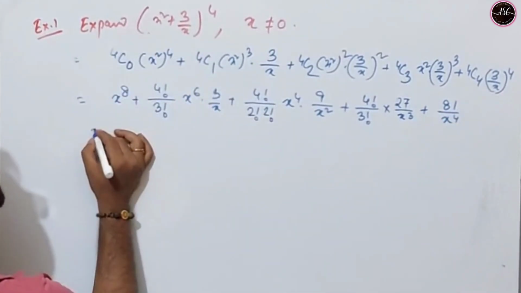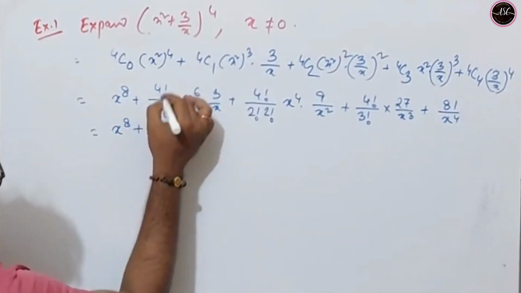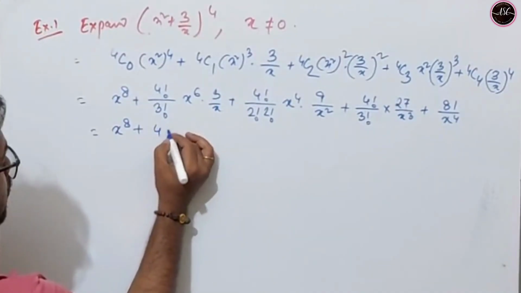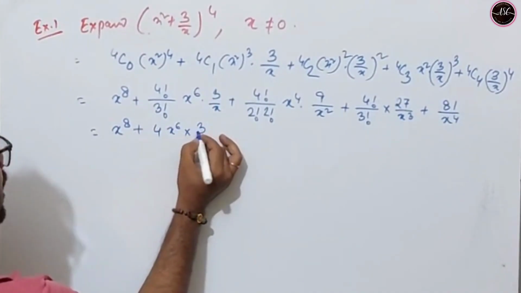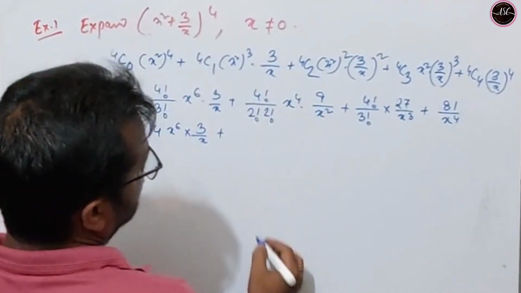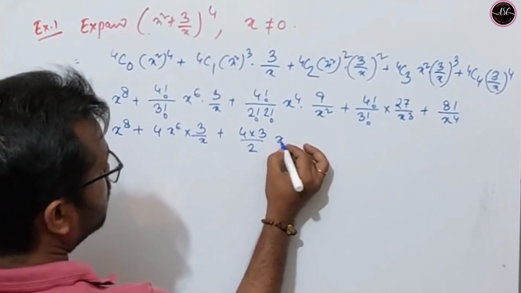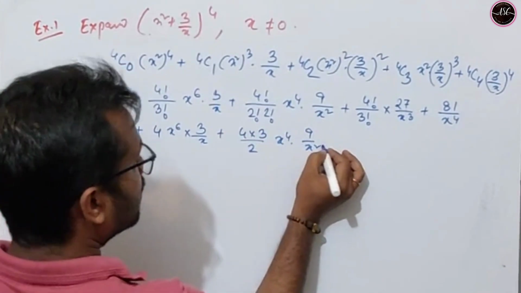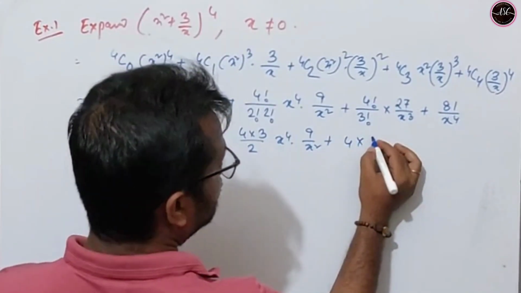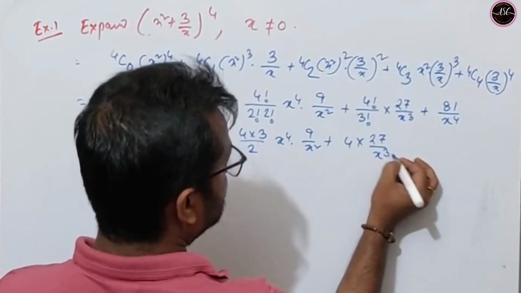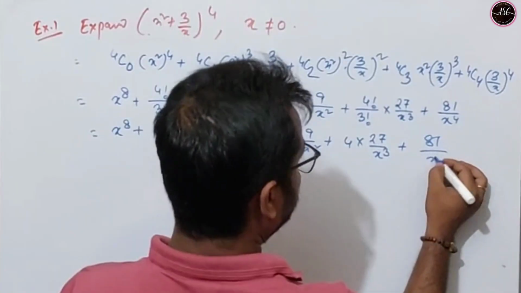Okay, just simplify. Here 3 factorial will be cancelled out, so there will be 4 x to the power 6 into 3 by x. So here 4 into 3 into 2 factorial will be cancelled out, divided by 2 x to the power 4 dot 9 by x square plus here 4 into 27 by x cube plus 81 by x to the power 4.